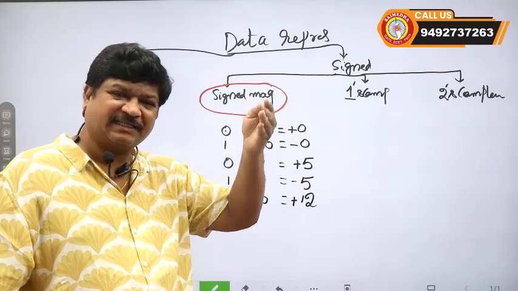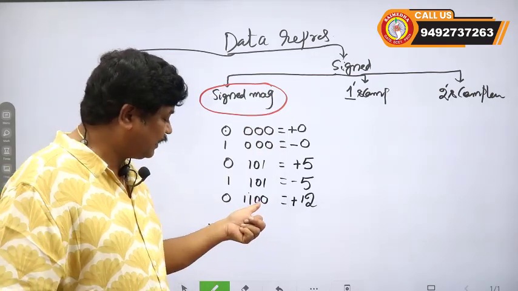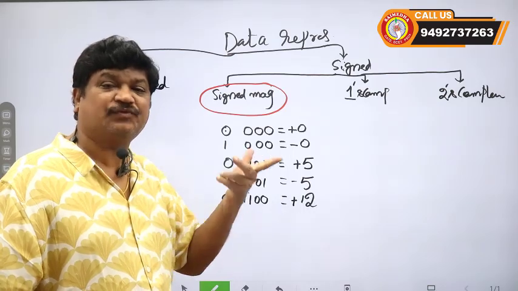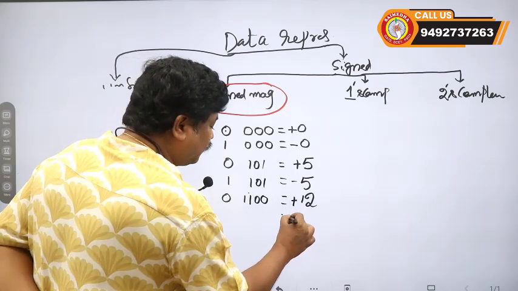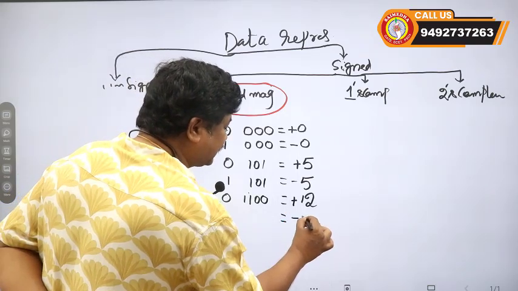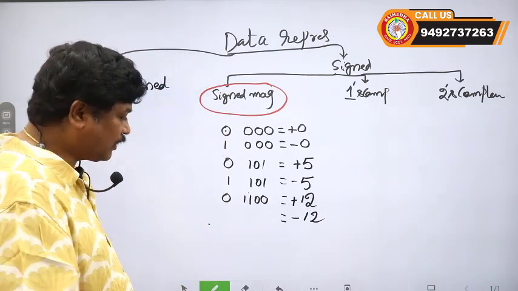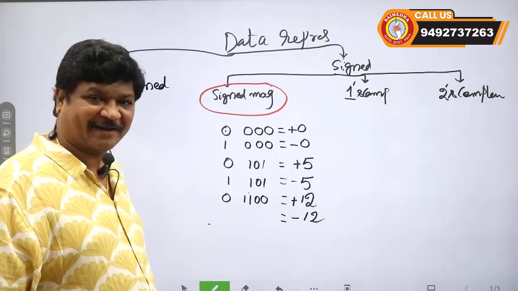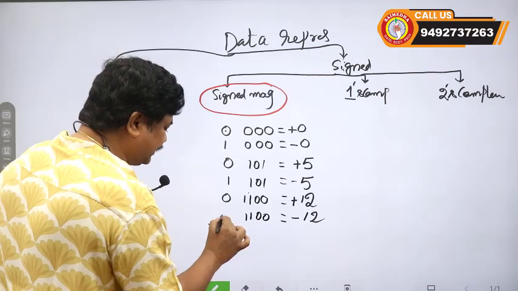In the previous lectures, we discussed many times that the place values are 1, 2, 4, 8, and 4 plus 8 is 12. Now again, I would like to write minus 12. You are already writing it on your paper. So, 1, 1, 1, 0, 0, where the sign bit is 1.